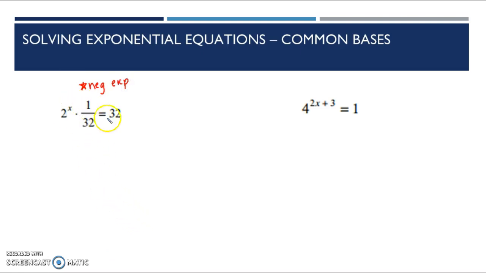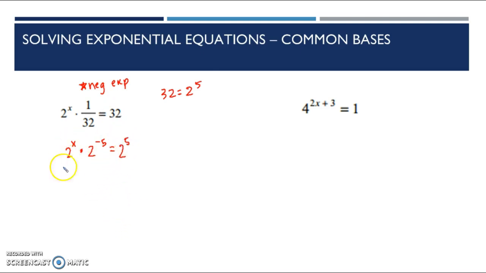So if I look at 2, 32, and 2, my common base is going to be 2. Nothing else goes into 2, so I've got 2 to the x. Now 32 equals 2 to the 5th power, which means 1 over 32 equals 2 to the -5th power. And then 32 we said was 2 to the +5.